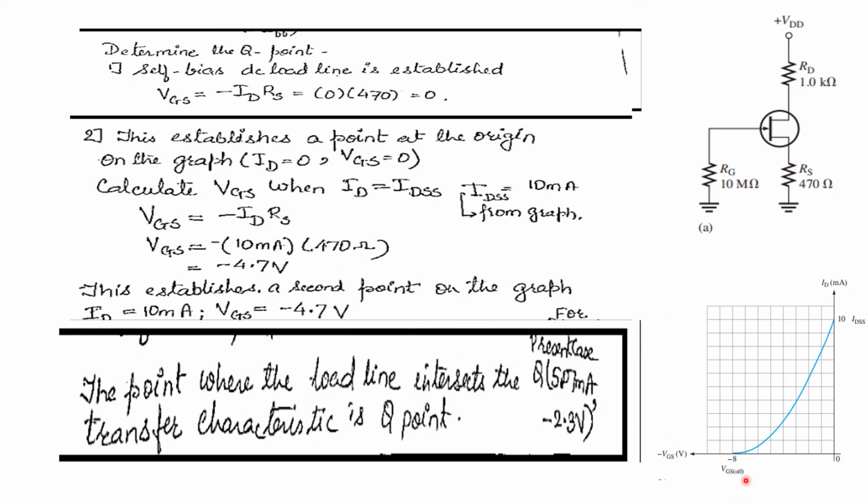So it is equal to 4.7 volts. That point we have to consider. Thirdly, the point where the load line intersects the transfer characteristics is at 5 milliamperes and minus 2.3 volts here.